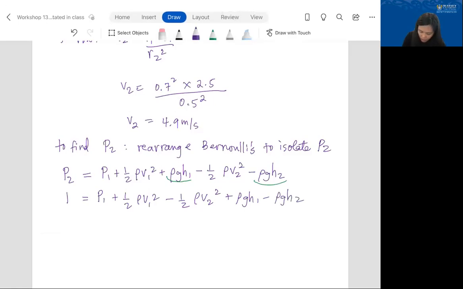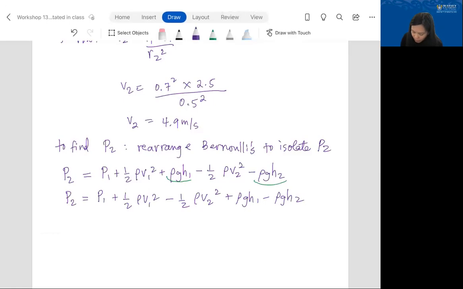In this line of manipulation, what I did was rearrange the terms so that I put the speeds, V1 and V2, next to each other, and the heights, H1 and H2, next to each other.